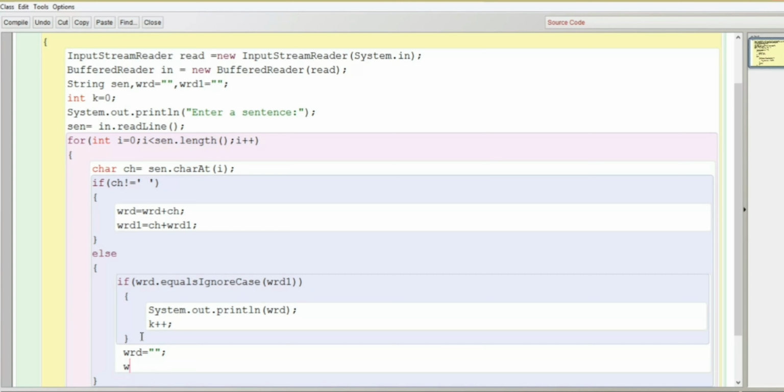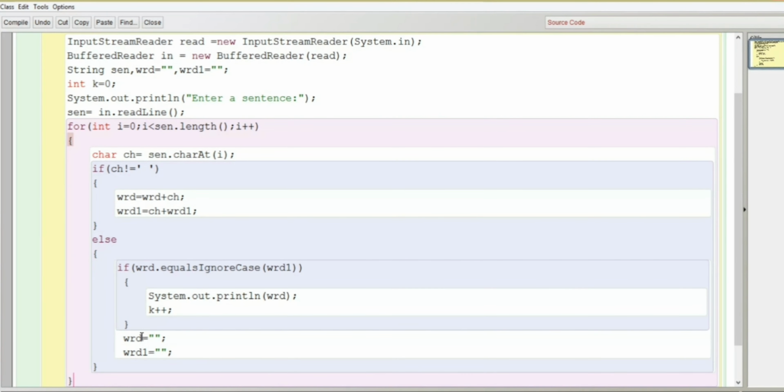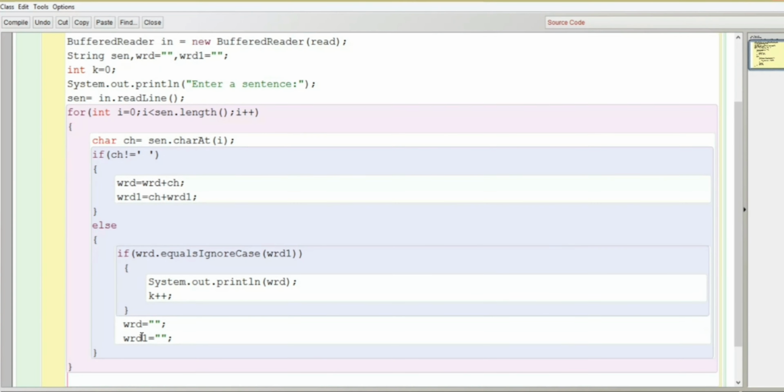And yes, I'm now writing WRD equals double quotes and WRD1 equals double quotes. Why? Because I want to clear the previous words. Otherwise, the words would concatenate with each other and you would not get a proper answer.